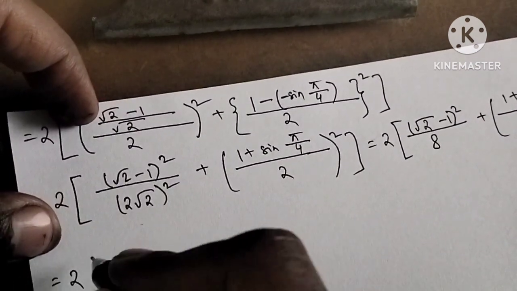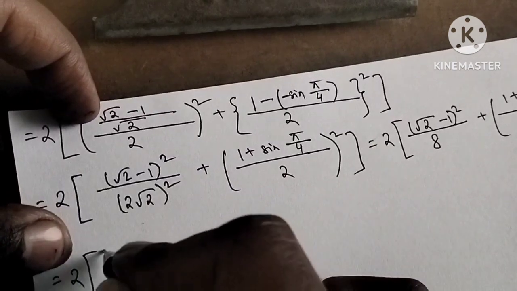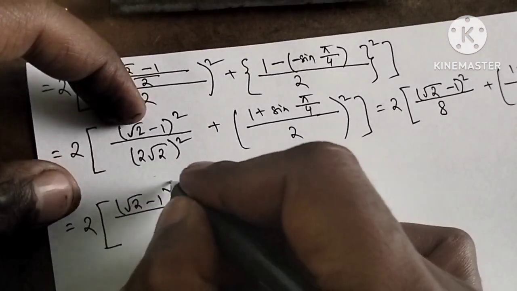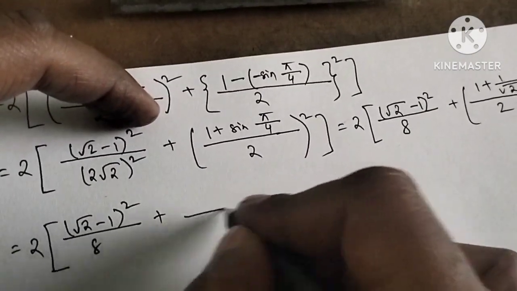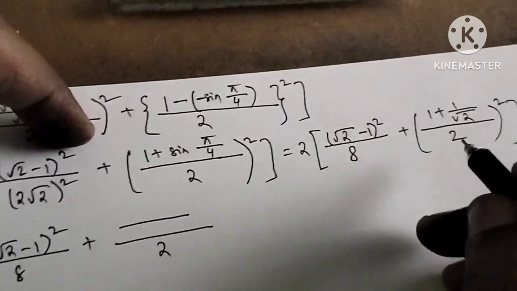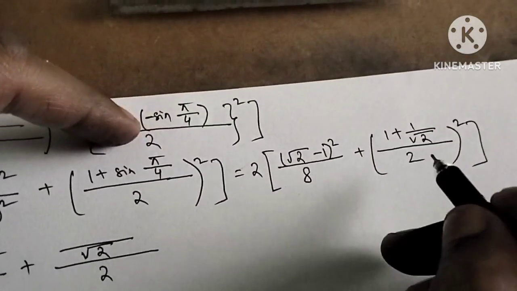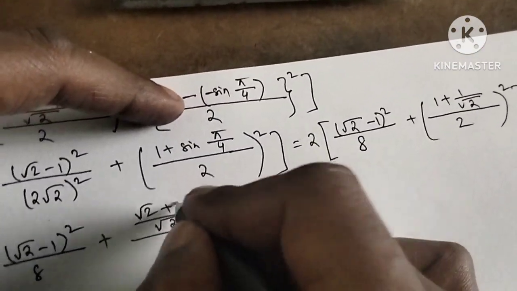So it will be 2 root 2 minus 1 whole square by 8 plus, LCM will be root 2 plus 1, root 2 plus 1.